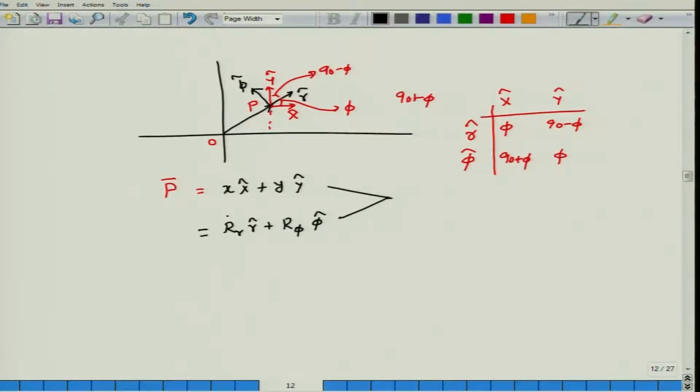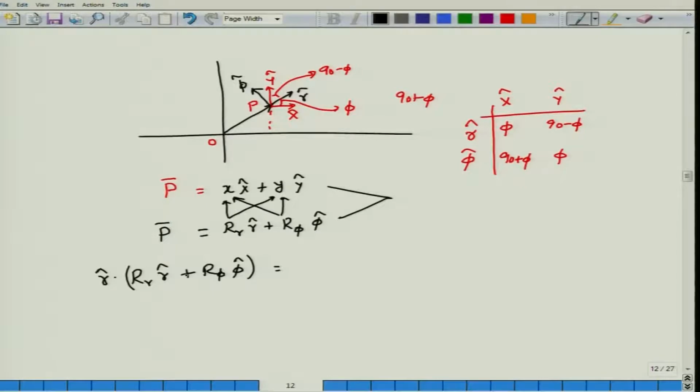My aim is to find r in terms of x and y, and r phi in terms of x and y. How do I do that? Let us go back to this equation. This is the position vector P. I will write this on the left hand side, and then dot by r throughout.